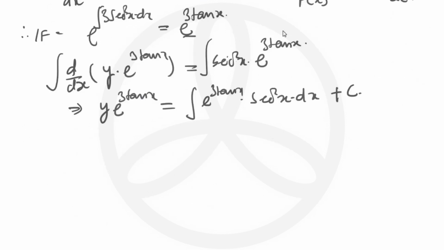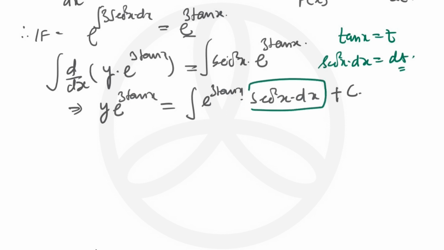Now here, in order to find this, we have to simply assume something in place of tan x, and what I do is I assume tan x is equal to t. Taking the first derivative of this, it will become secant square x dx, and this will become dt. The resultant will become the integration of e to the power of 3t dt.